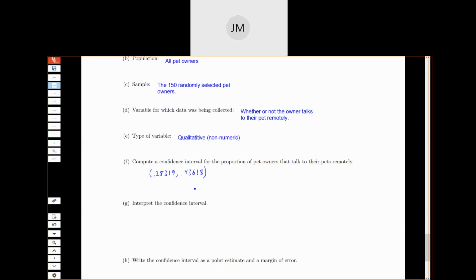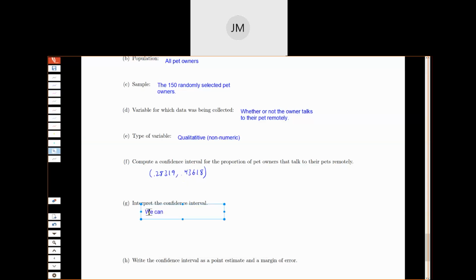That's a confidence interval, but it doesn't really help. If you just say to somebody, here's a confidence interval, 0.28319, comma 0.43618, that doesn't answer any questions. So what we want to do is write down what that means in words. Interpret that confidence interval.